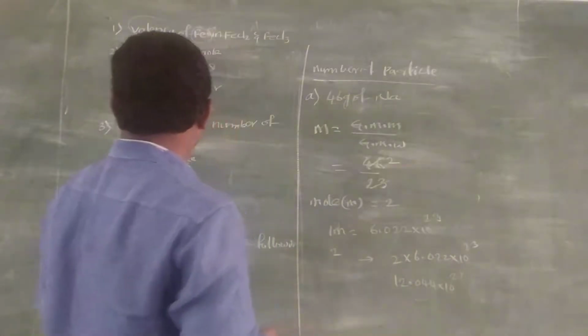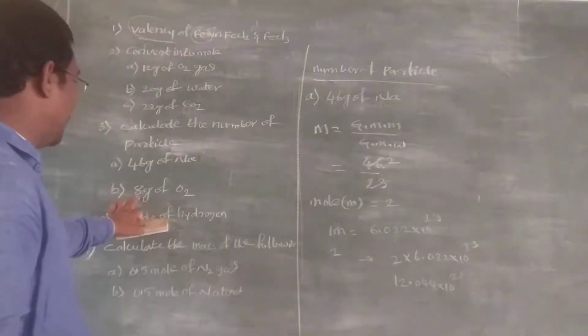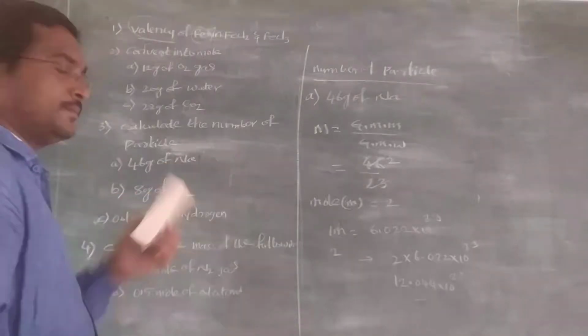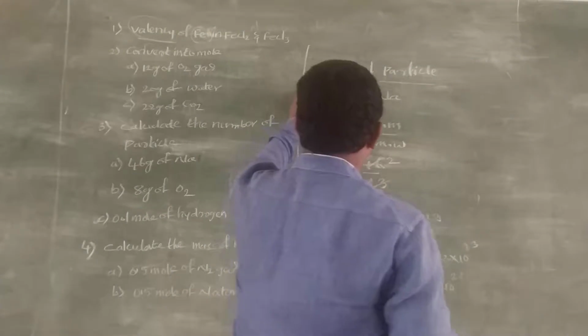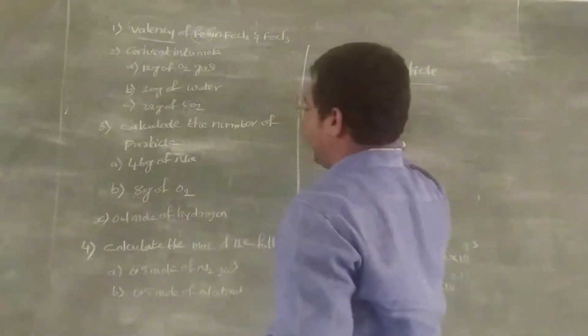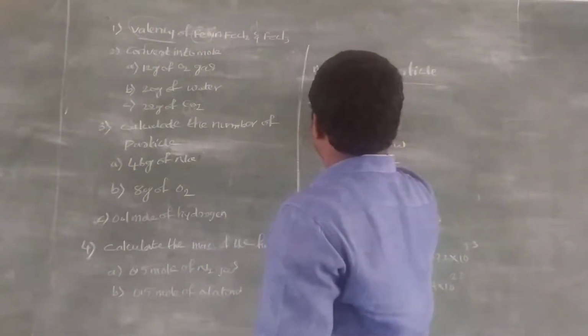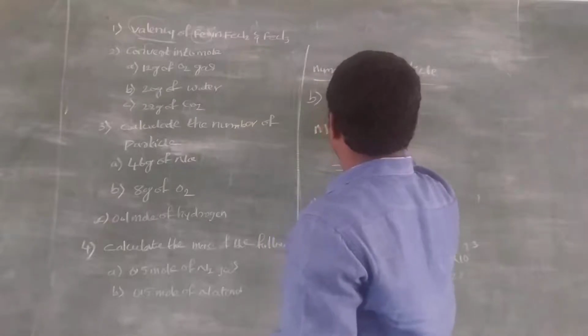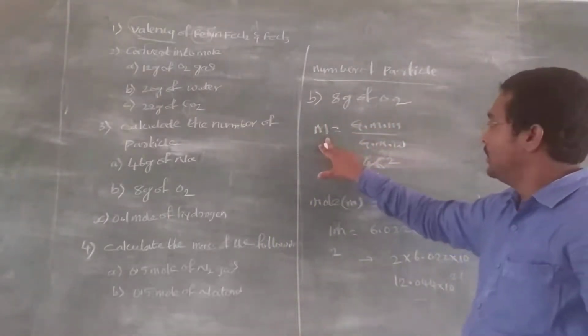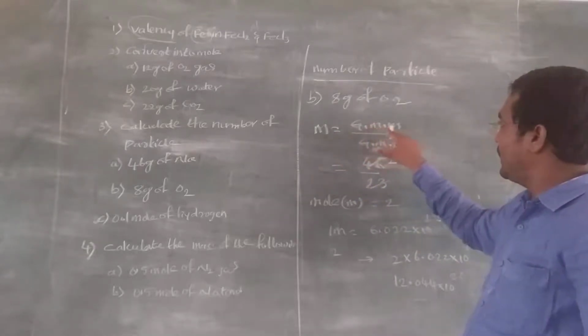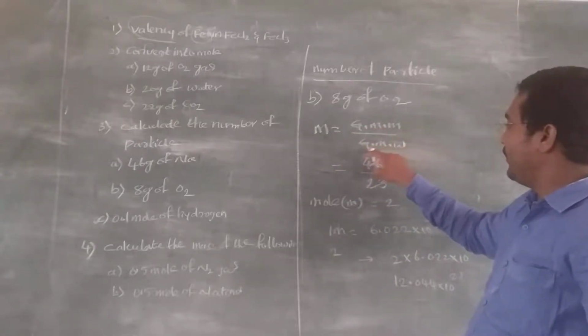Okay, and next you calculate the number of particles in 8 gram of O2. Same formula here. First calculate the mole: given mass divided by gram molecular weight.